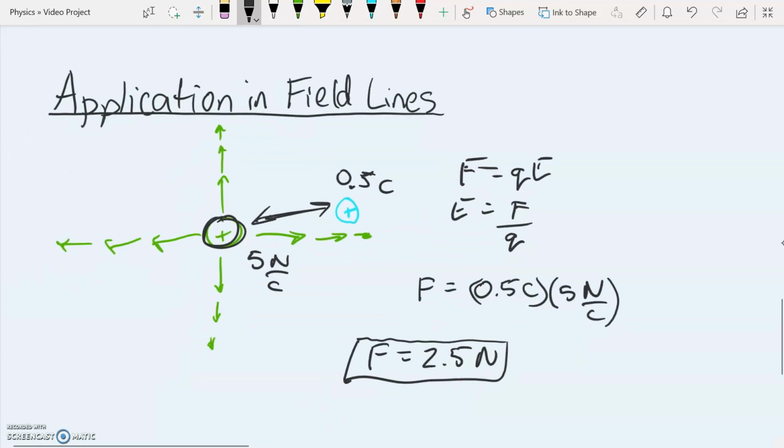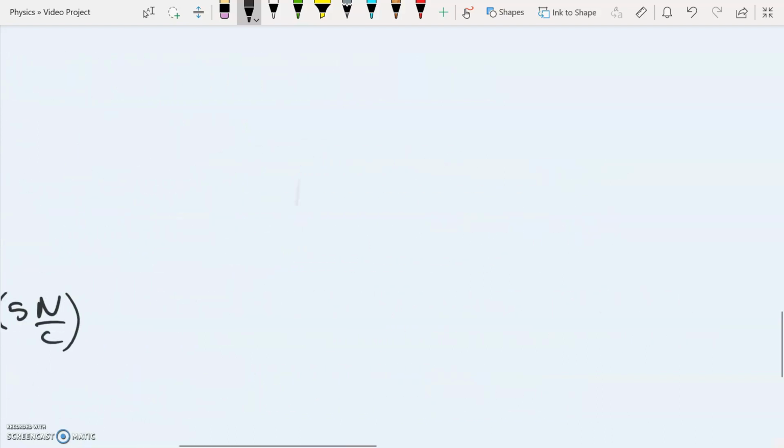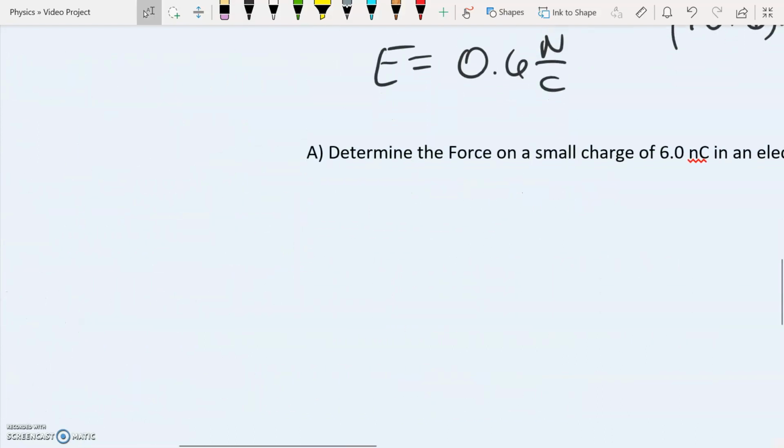So this is really practical, and we can use this in field lines, especially when we know the electric field, or we know the charge, or if we know the force, and we can determine all of this information in this problem. So let's take a look at one more practice problem here.